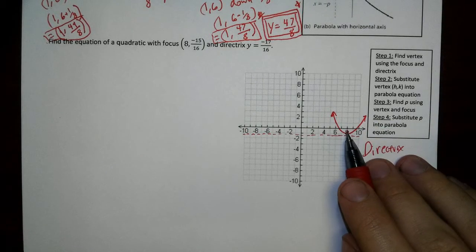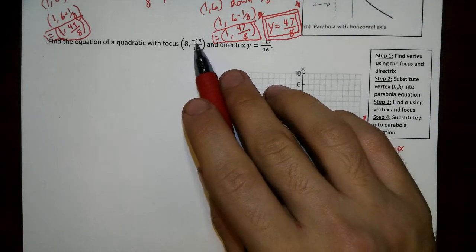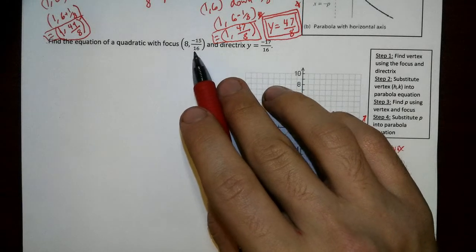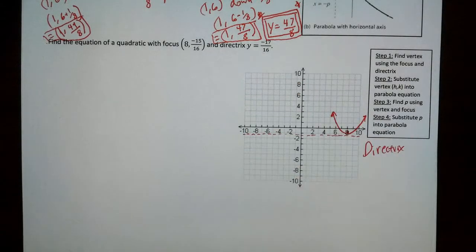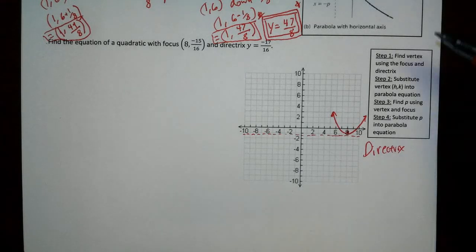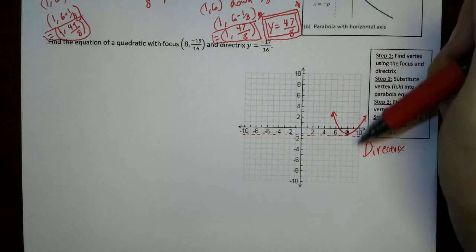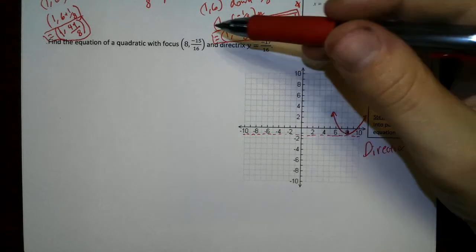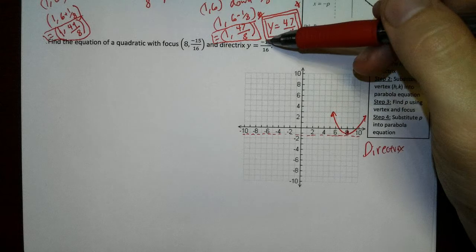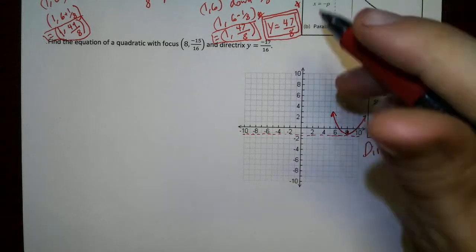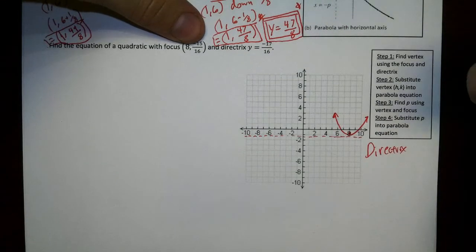We have 8, negative 15/16, and a line that is negative 17/16. You may be able to just look at this and realize I'm looking for the point halfway between the two in the y direction, because it's opening up and down. Negative 15 and negative 17, halfway between that is negative 16.